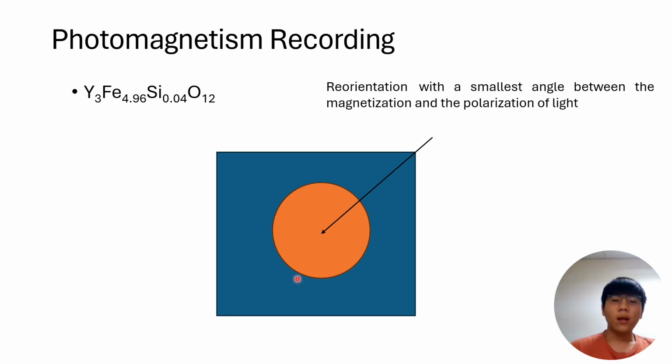In the parts illuminated by the polarized light, the magnetization direction will reorient to the smallest angle between the magnetization and the polarization of light. Therefore it creates a difference between the illuminated part and the unilluminated part, which can be used as a method to store information on YIG.